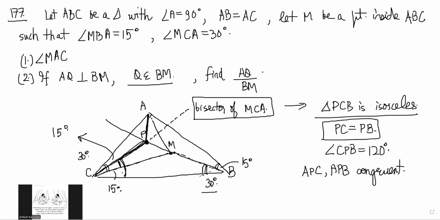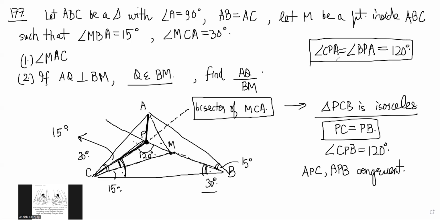Then angle CPA is equal to angle BPA, right? CPA is equal to BPA, and these add up to 360, right? So when they are equal, they must be 120, 120.